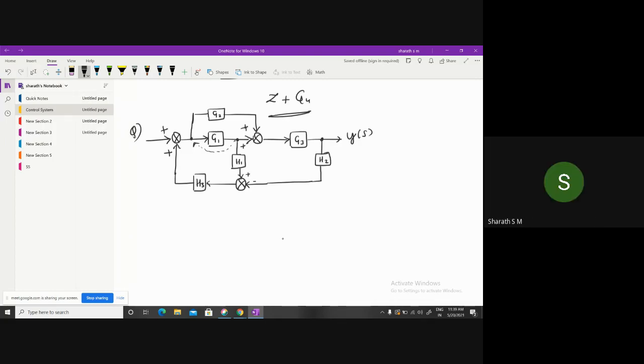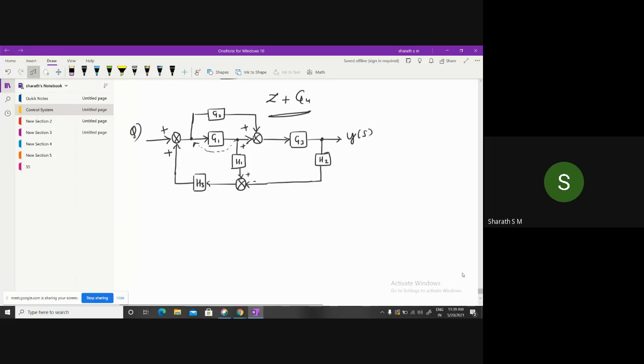Check it out properly. Check the first sheet of this chapter. Multiplication, sir. So H1 becomes H1 into G1.